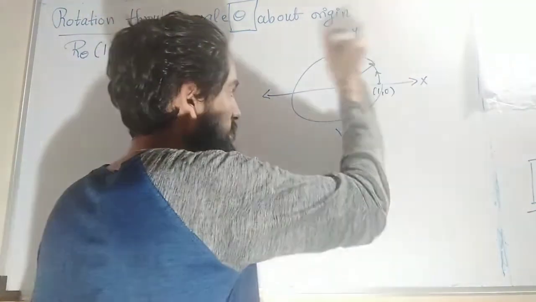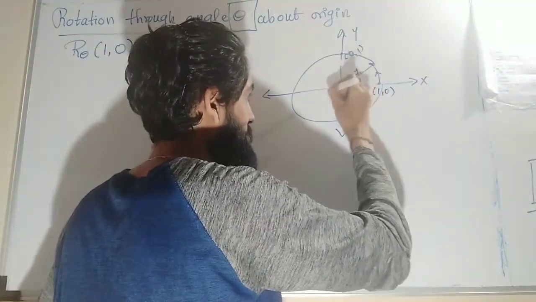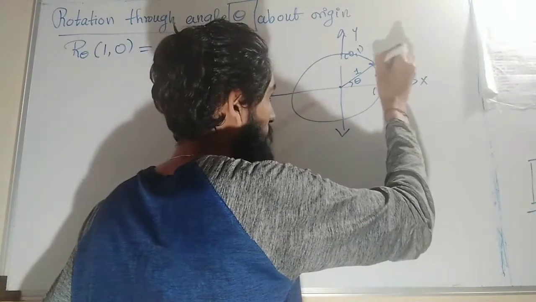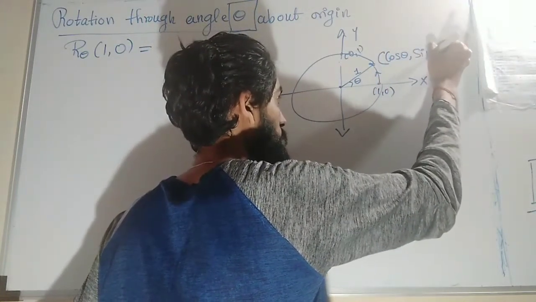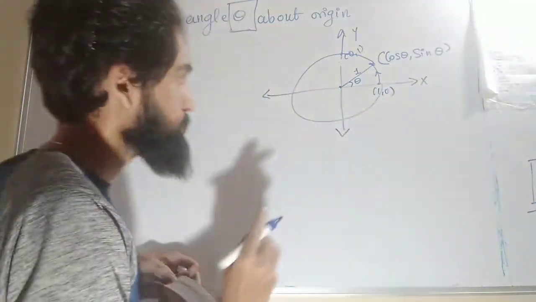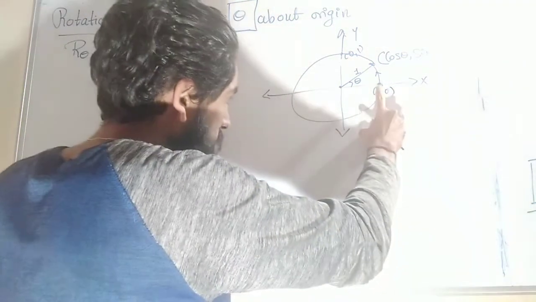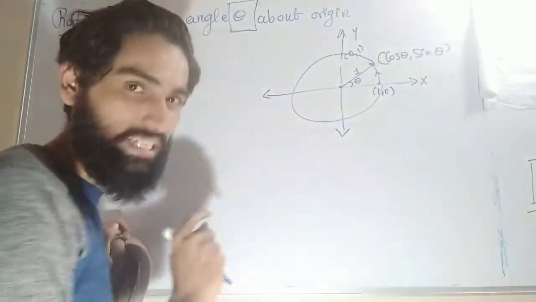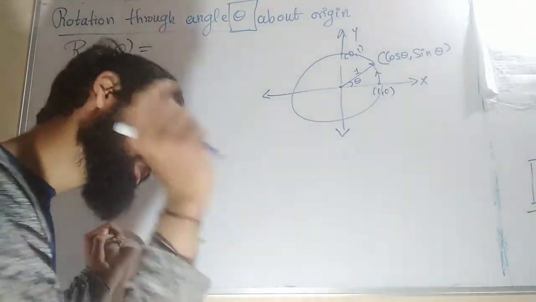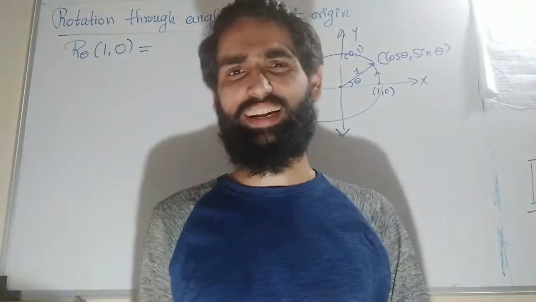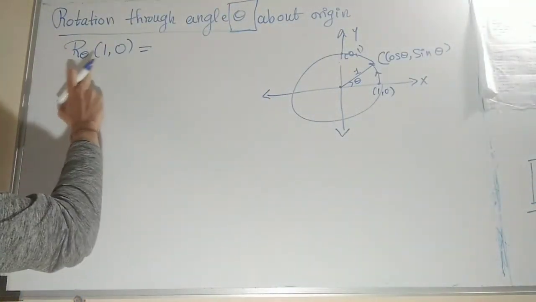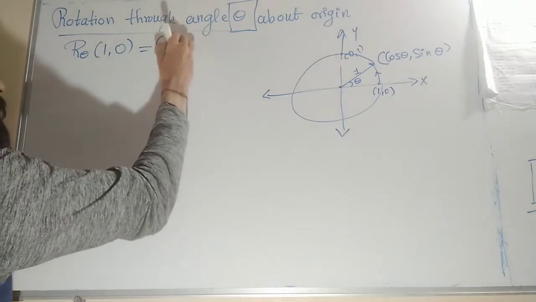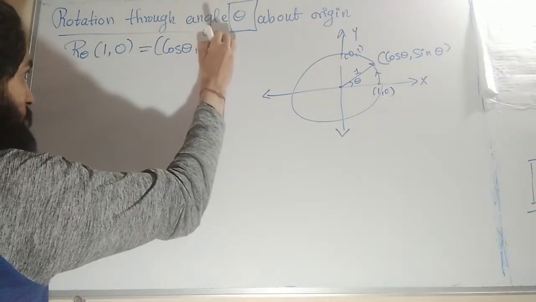It is a circle centered at origin with radius 1. Hence the point must be given as cos theta comma sin theta. Simple. So 1, 0 will get mapped to cos theta comma sin theta. This is the only trickiest point, otherwise things are really trivial.